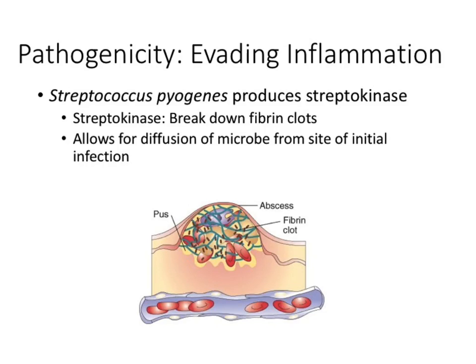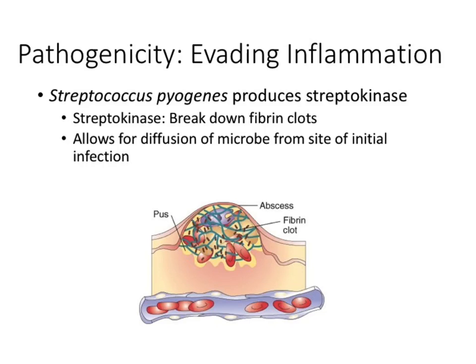And scarlet fever is a rash that's produced, which is basically a rash is inflammation produced by Streptococcus pyogenes and some additional toxins it produces to make their way out of these clots that would form around them and into the bloodstream.